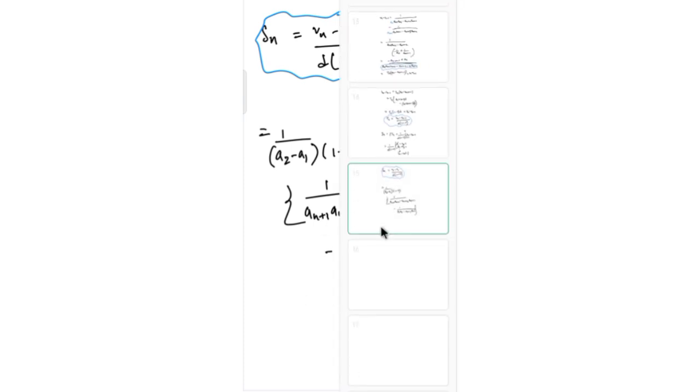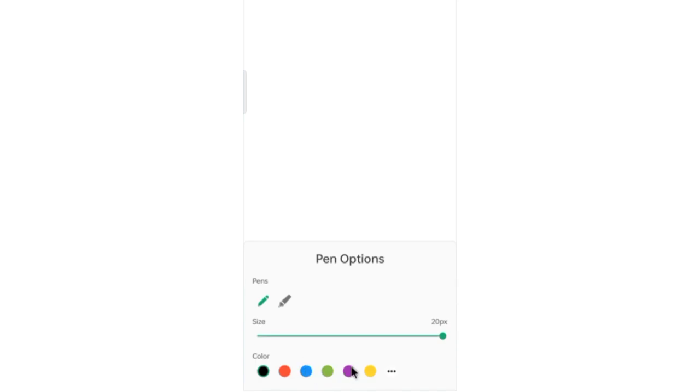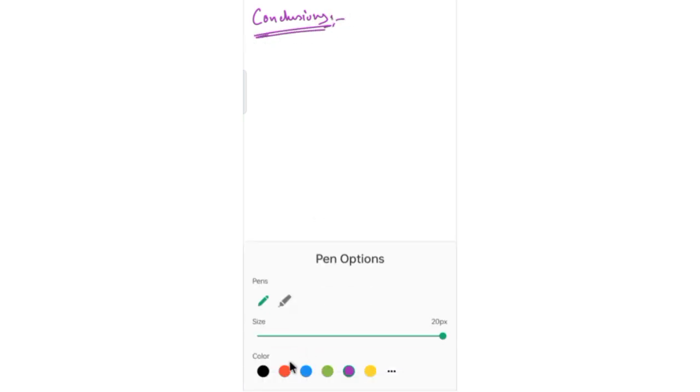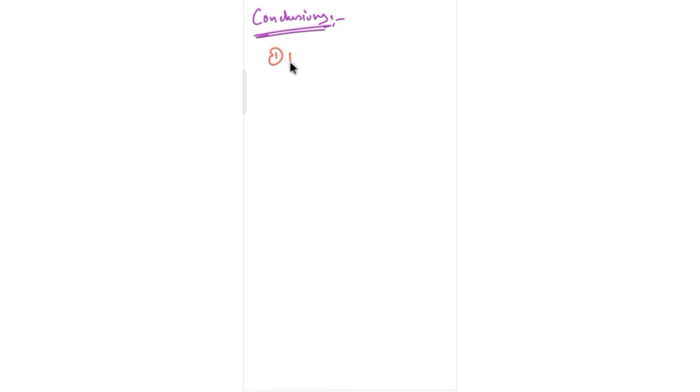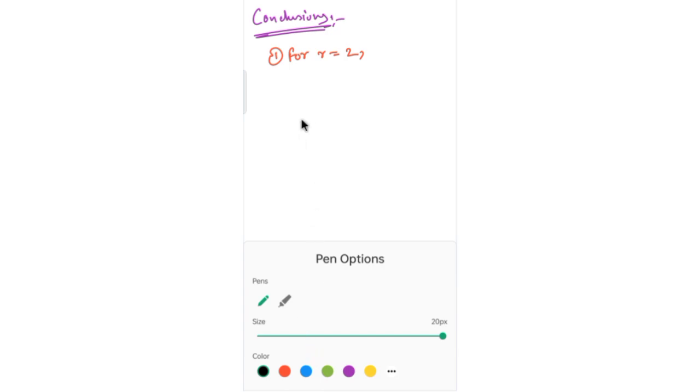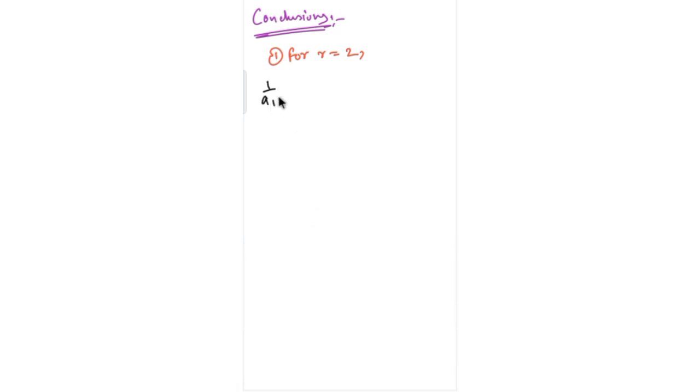And now we can come to some conclusions in the same way as for the form 1. So conclusions for r is equal to 2, we write this to be 1 by a1 a2 plus 1 by a2 a3 plus so on, 1 by an an plus 1, is basically 1 by a2 minus a1 into 1 by a1 minus 1 by an plus 1.